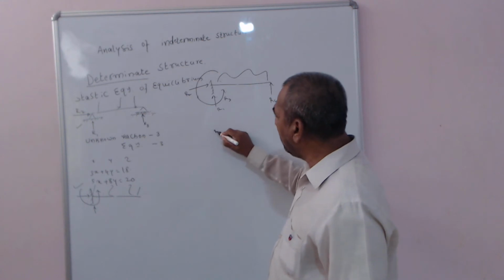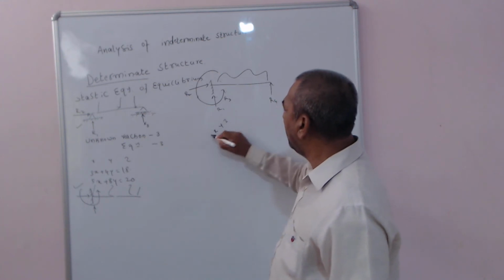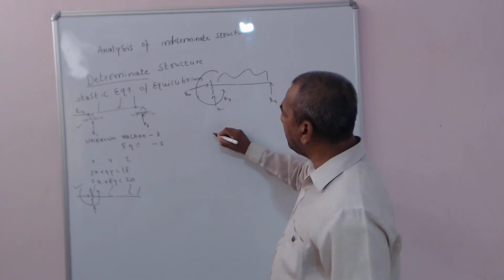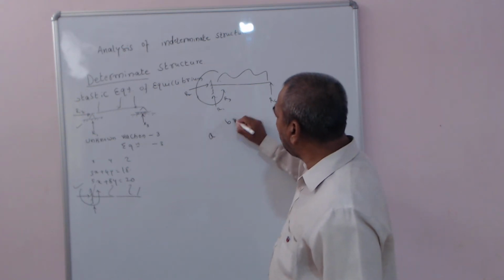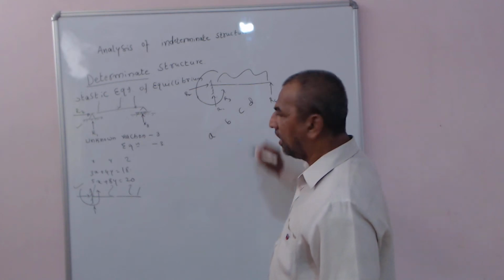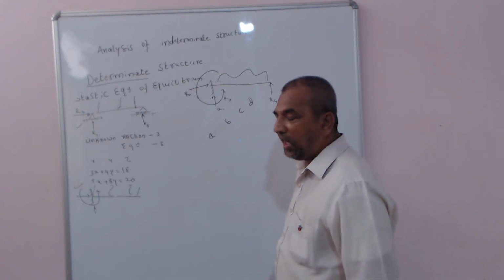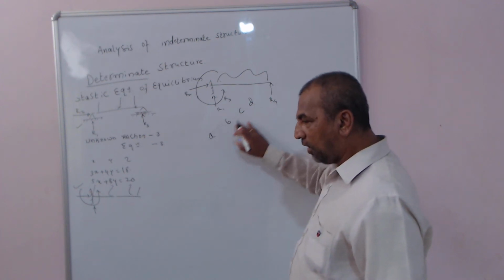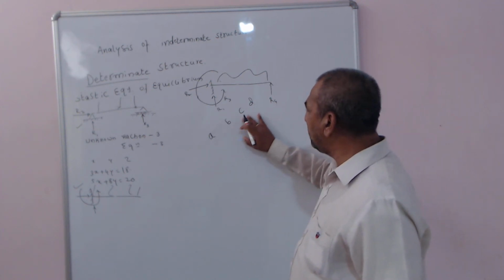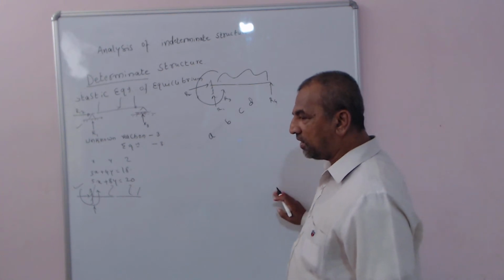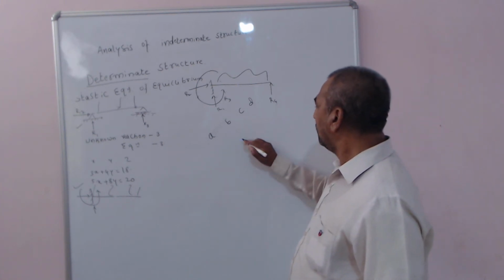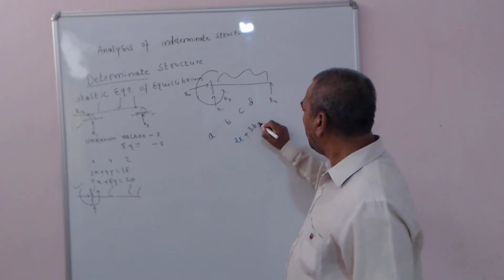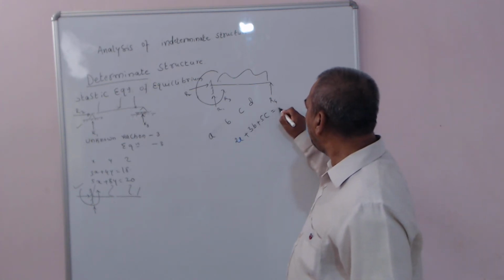Like you are having x, y, z. Sorry, you are having the unknowns a, b, c, d which are not known to you, and he is giving you three equations connecting a, b, c, d. Can you get the values of a, b, c, d from those three equations? No. Like 2a plus 3b plus 5c equal to 20.